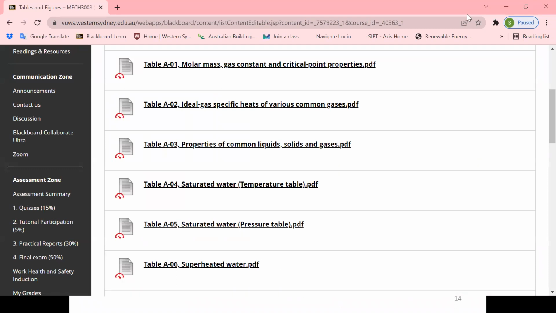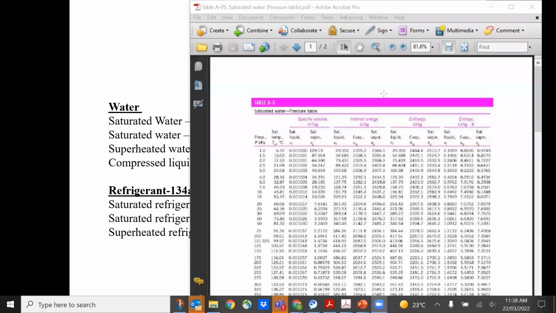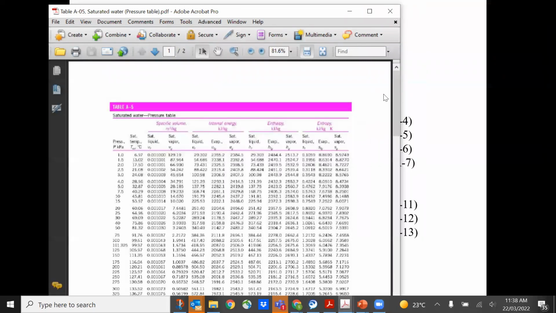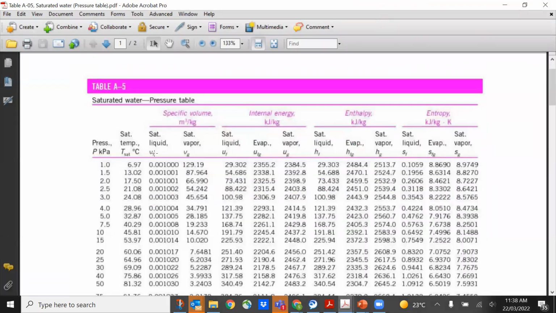The other one, if you look at the top here, is the saturated water pressure table.